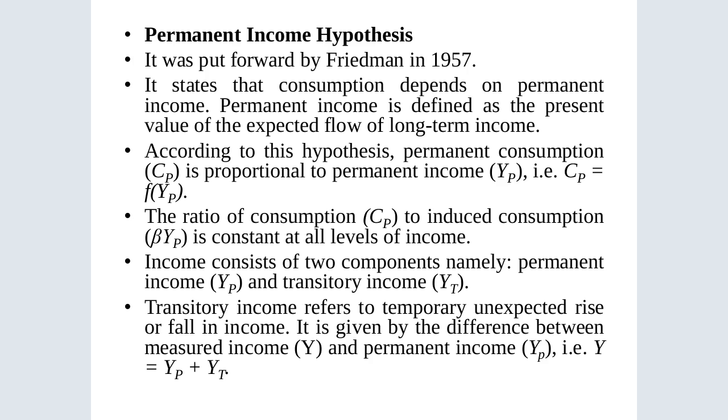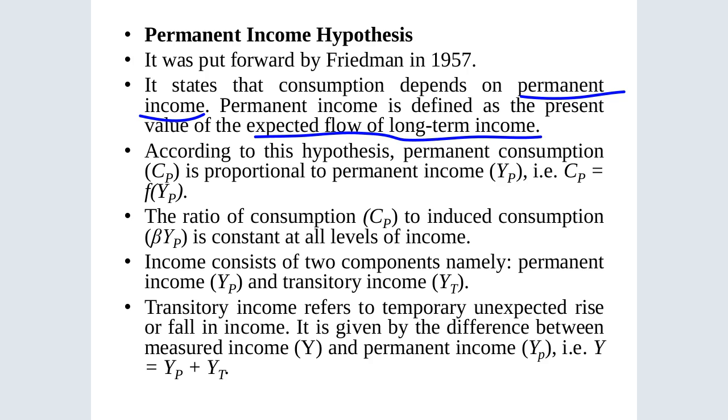It states that consumption depends on the permanent income, and the permanent income is defined as the present value of the expected flow of long-term income. So you need to understand the term permanent income: it has been defined as the present value of the expected flow of long-term income.